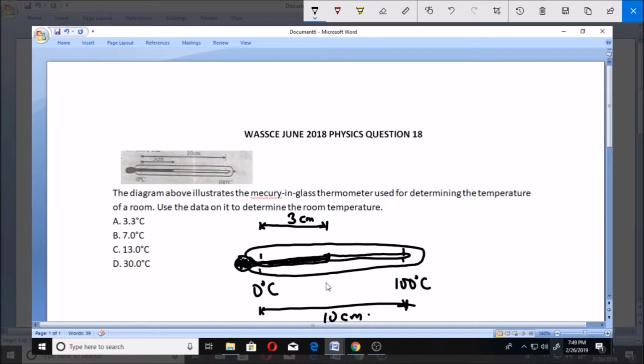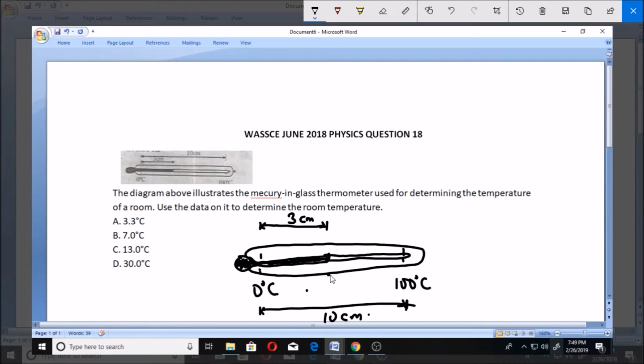So what is the room temperature? We know that the room temperature is around 25 degrees Celsius. That's the standard room temperature. But if we are taking the measurement here, we have 3 cm, but the room temperature is supposed to be 25.